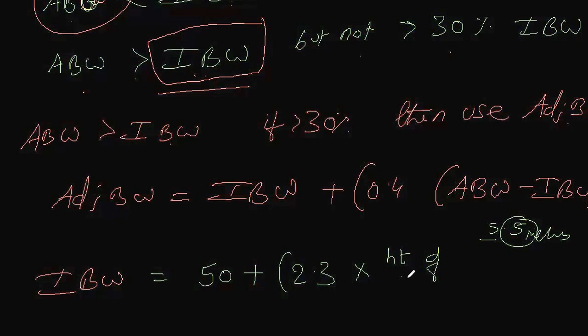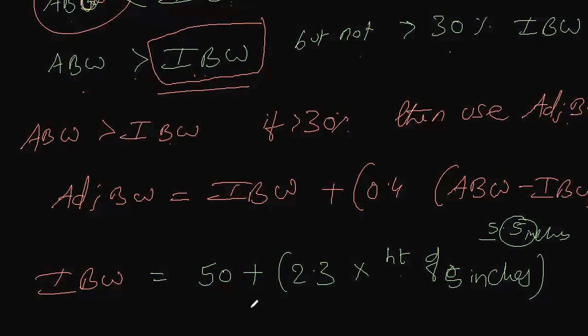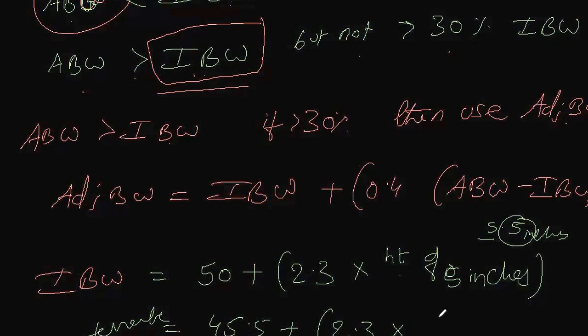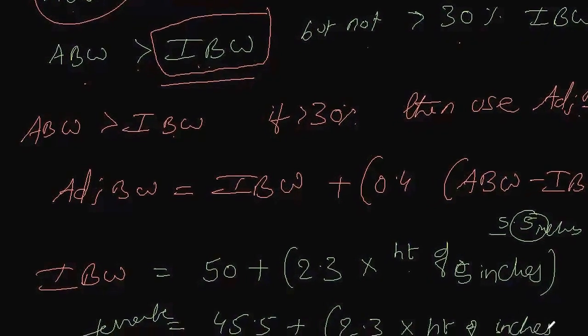In this formula, we replace the height above 5 feet with 5 inches, just 5 inches. But if the patient is female, the ideal body weight is 45.5 plus 2.3 times the patient height above 5 feet. Same formula, we write the patient height in inches.